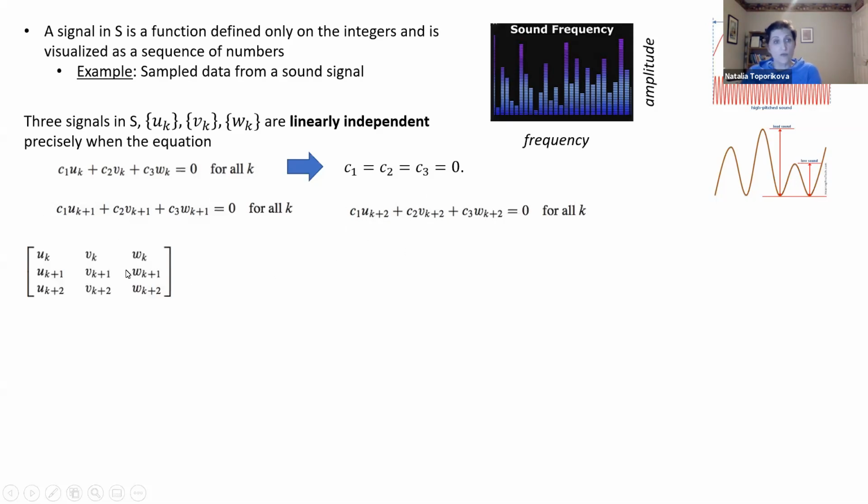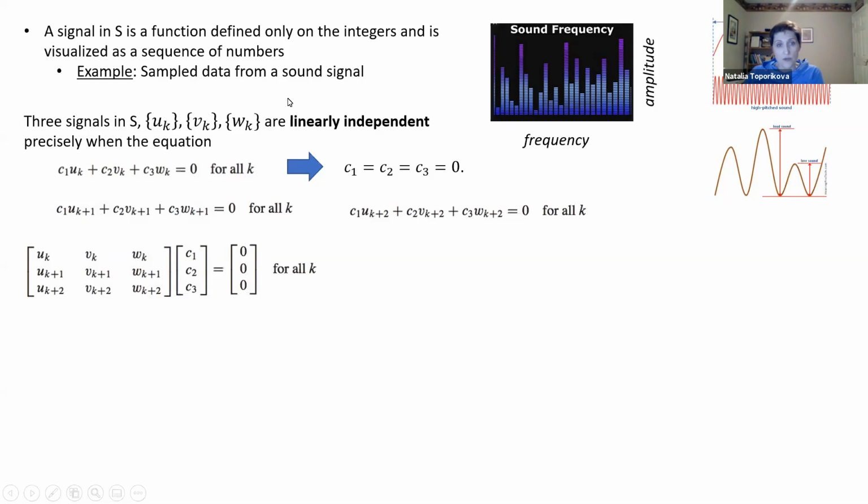The best way to organize this system, which now has a lot of equations with a lot of weights, is of course a matrix multiplied by a vector. So we put our signals u, v, and w in neat columns, and multiply by the vector of weights c1, c2, and c3.